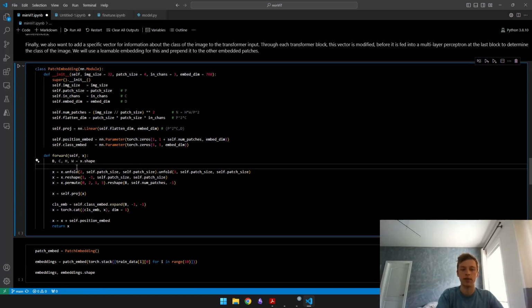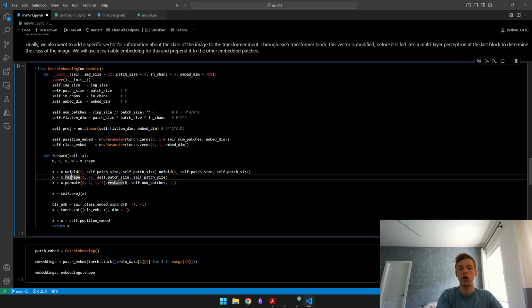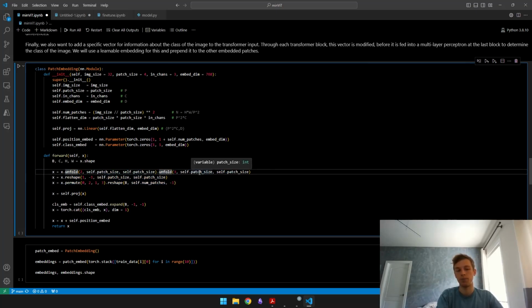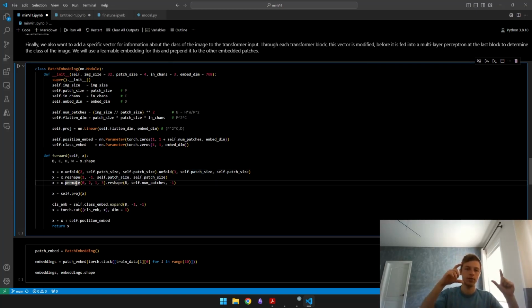Now for the forward pass, this is essentially the code I walked through earlier. We unfold to make sure that we have the patches next to each other for each image, and then we reshape so that we can permute, so that we put all the channels together, and then we reshape back so that we have a patch size by channel vector for each patch.